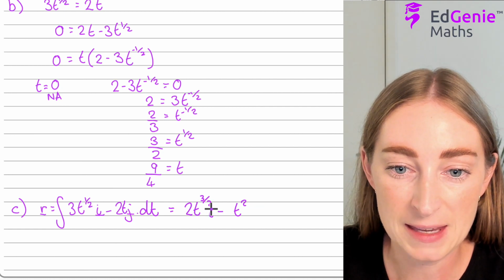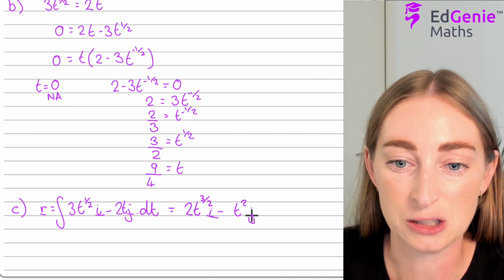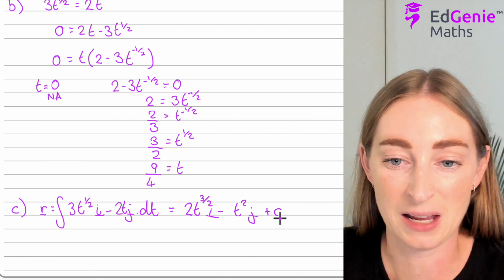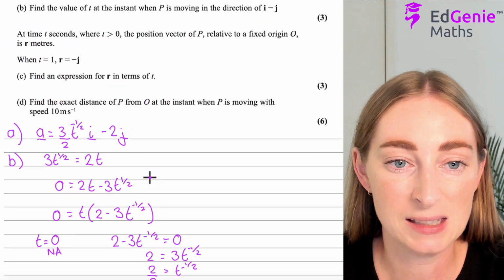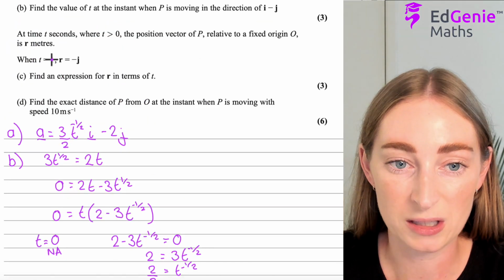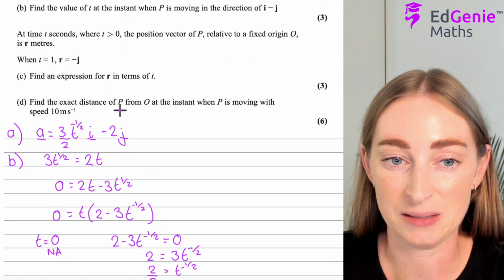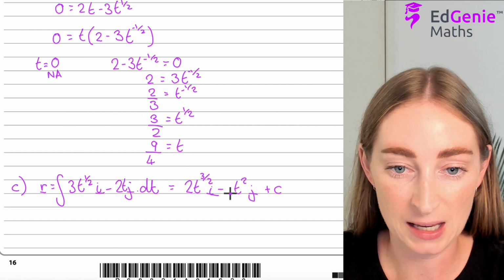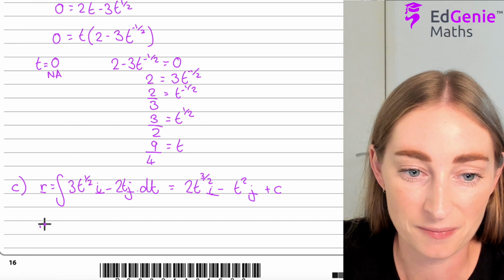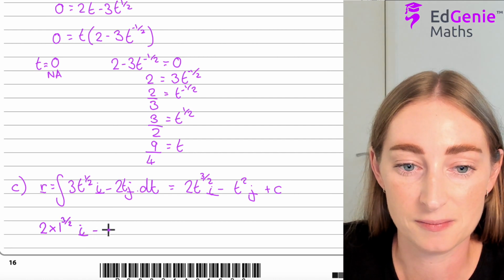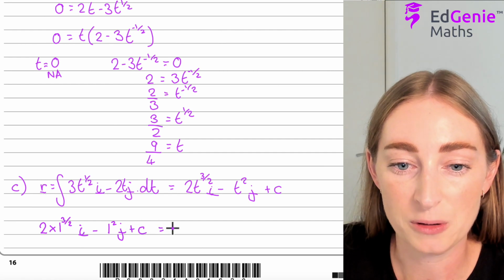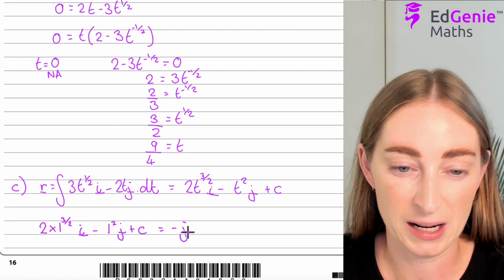But don't forget, this is in the i direction, this is in the j direction, and we're going to have a plus c. So now the question says, when t equals 1, r equals negative j. So let's substitute in t for 1. And that's going to equal negative j.